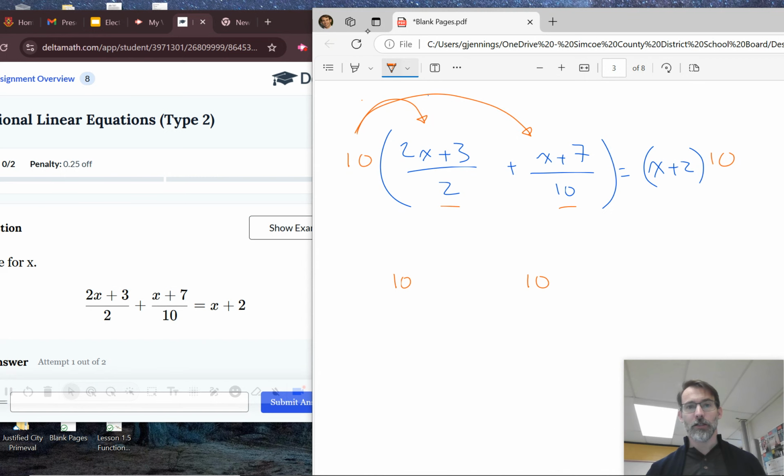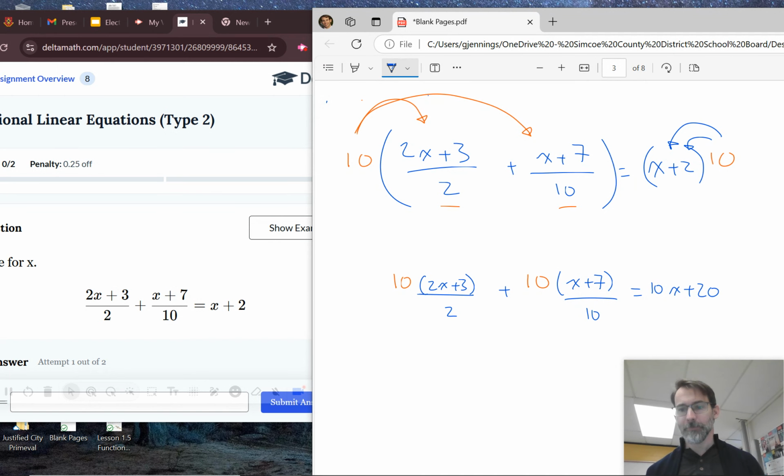I'll do this in different colors so that you can see very clearly what's happening. 10 times 2x plus 3 over 2 plus 10 times x plus 7 over 10 is equal to, distributing this in, 10x plus 20.